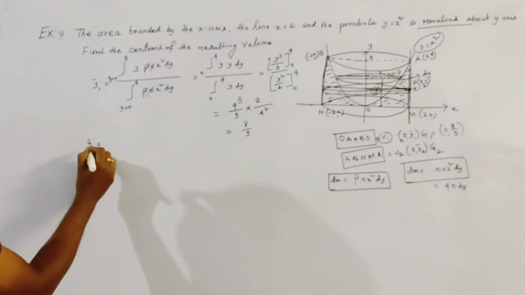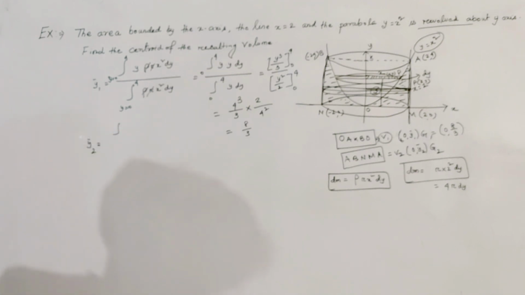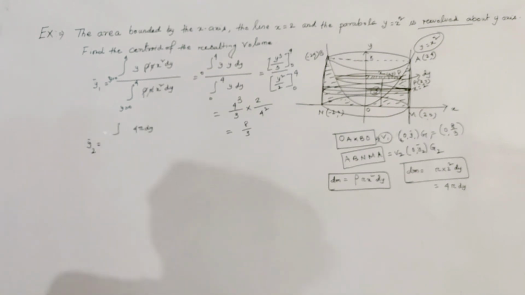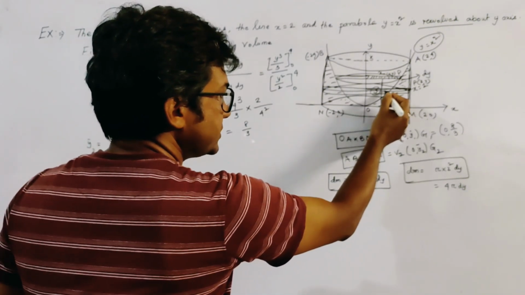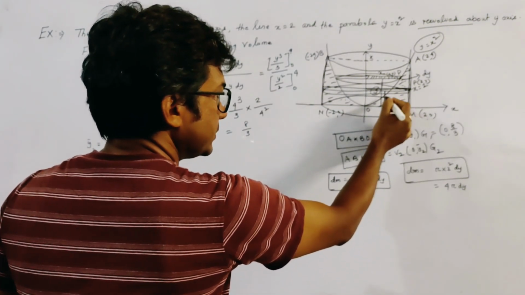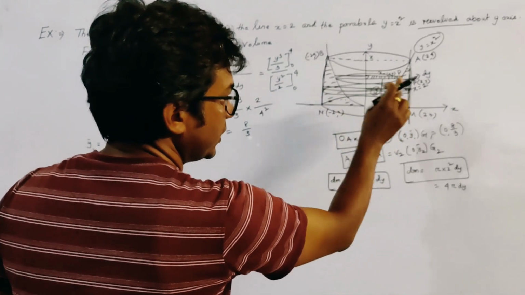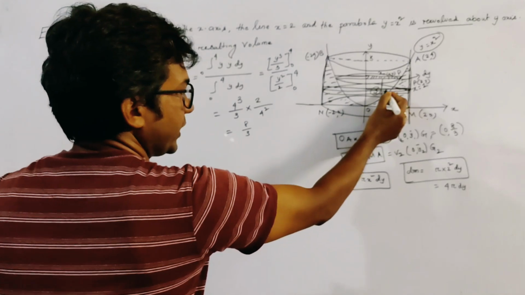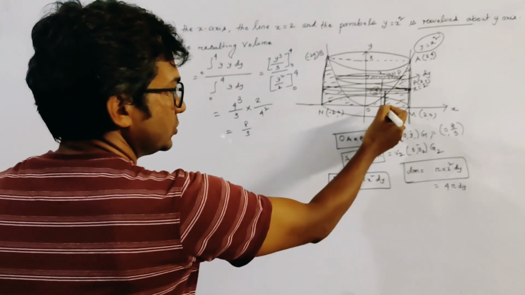So on the upper integration we write first 4 pi into dy, and the distance of this circular strip or circular ring is given by y.